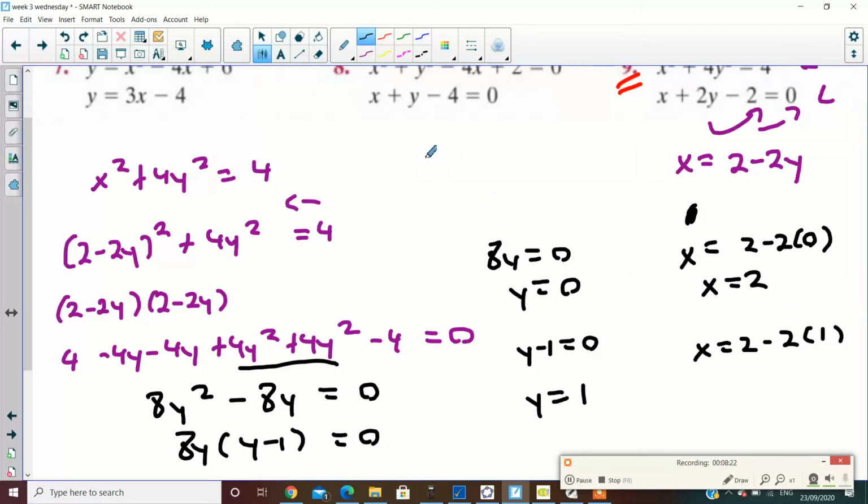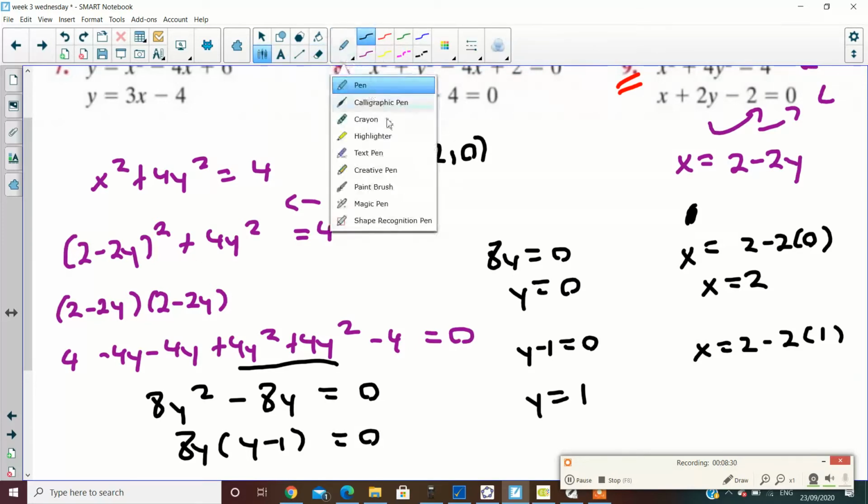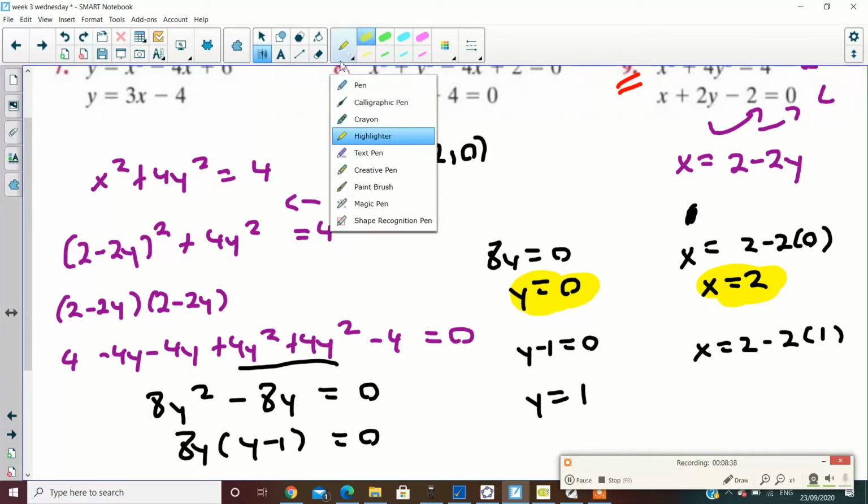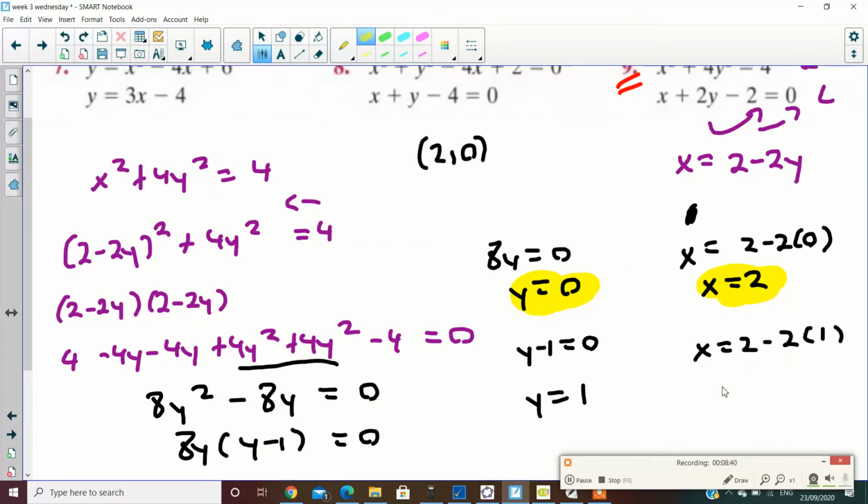So that would be the point 2, 0. When y equals 0, x equals 2. And then 2 take away 2 is 0. So that's y equals 1, x equals 0 is your second answer.